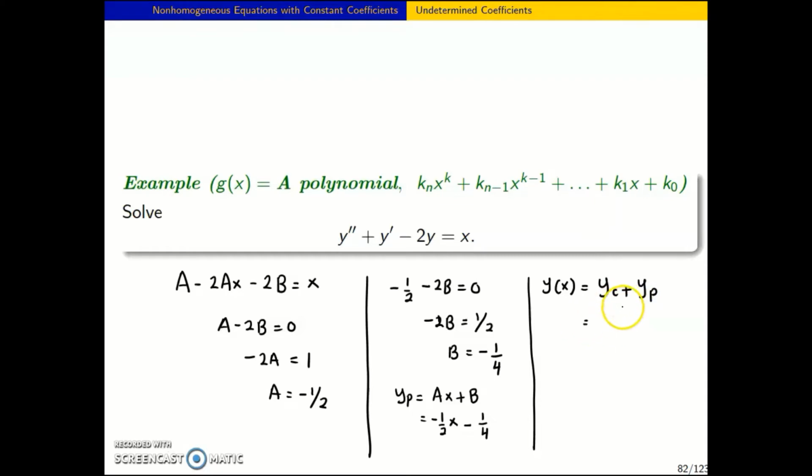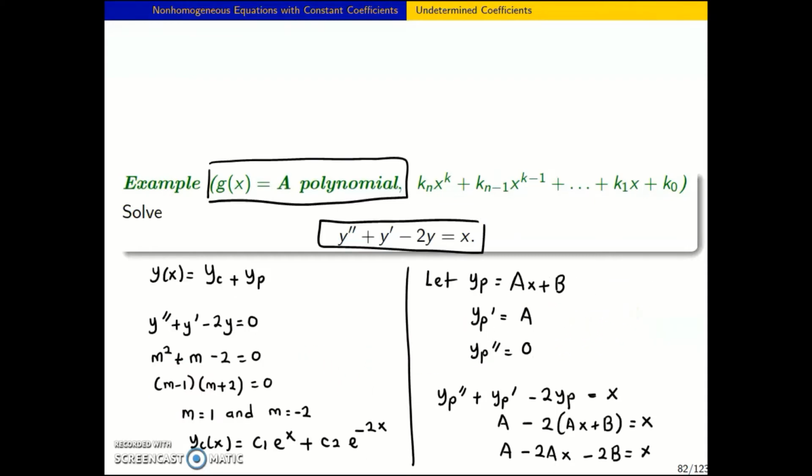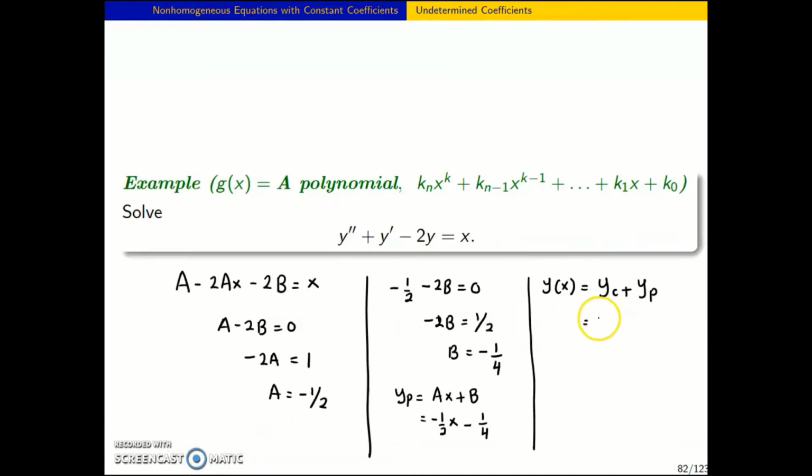So yc I have obtained earlier on, c1 e^x plus c2 e^(-2x), plus yp, negative half x minus 1 over 4. Okay, so this is my solution for that polynomial given here.